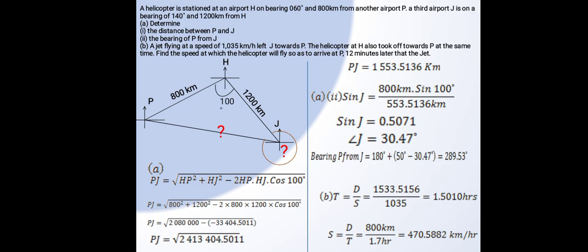Part 2 of A, we have been asked the bearing of PJ, the bearing of P from J. Now you can see I've sketched that bearing. It looks like a circle with a brown color and then a question mark. What is that bearing? To know that bearing, we must know the angle HJP.